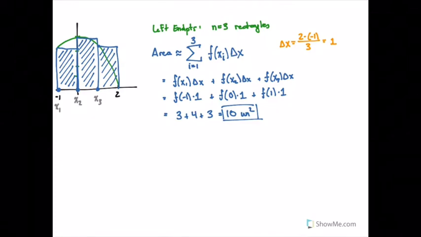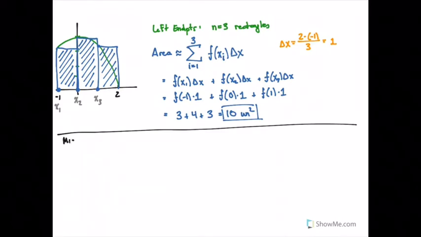Let's do it again. Let's do midpoint this time. And this time we're going to do it without drawing the picture. We're going to start from the beginning. So really all we need is the interval, the -1 to 2.